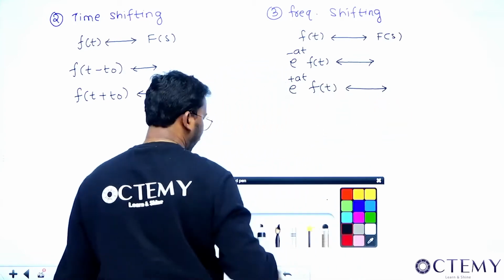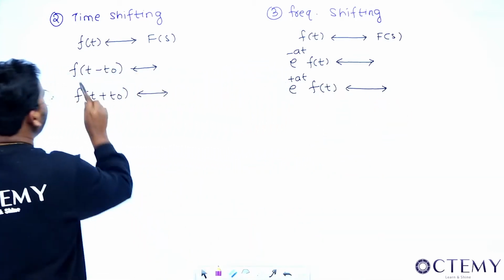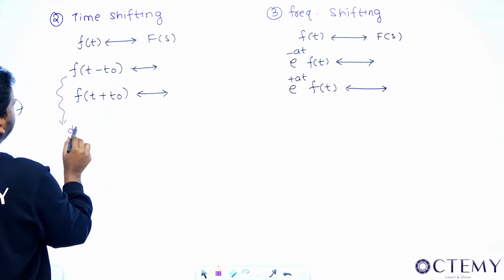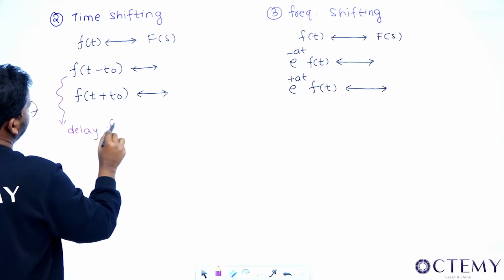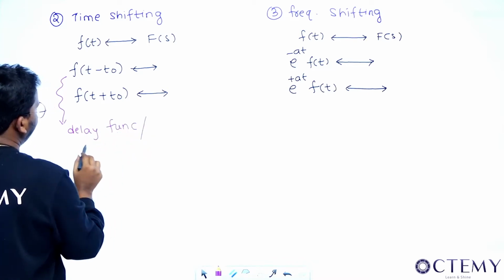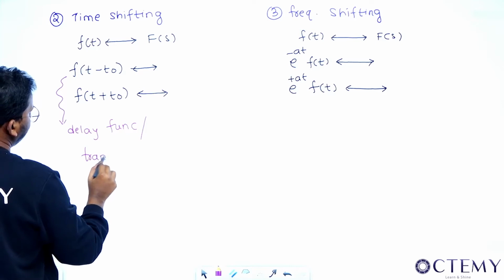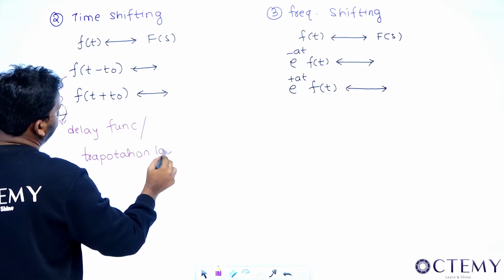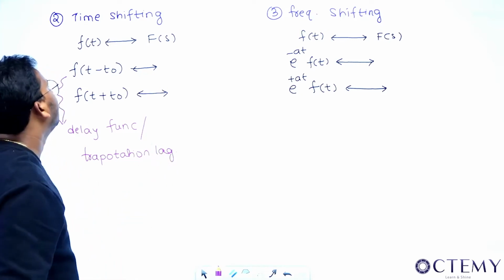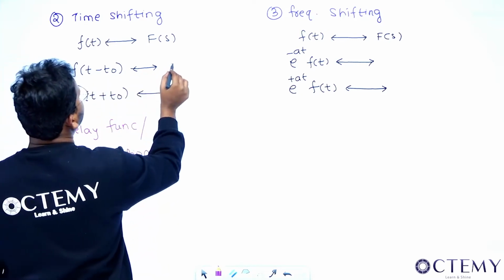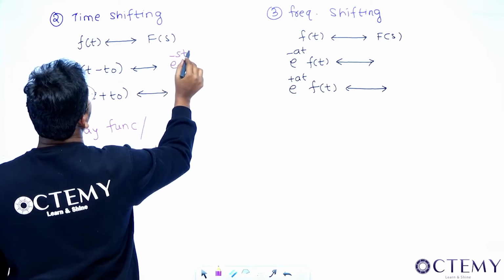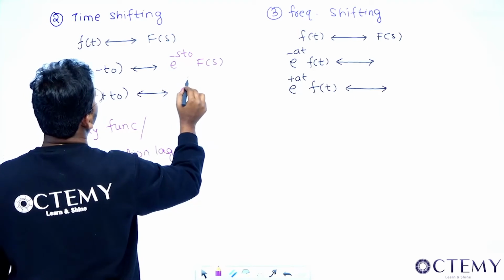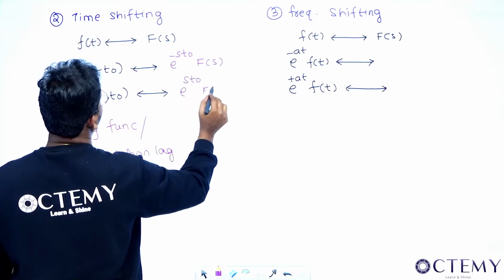See, sir, when you go from here to here, this is basically called a delay function or transportation lag. In the Laplace domain, you will get it as transportation lag. So if you have it like this, it will become e power minus s t naught into F of s, and this will become e power plus s t naught into F of s.